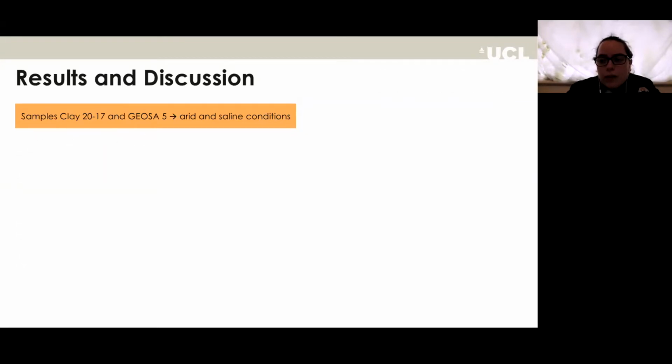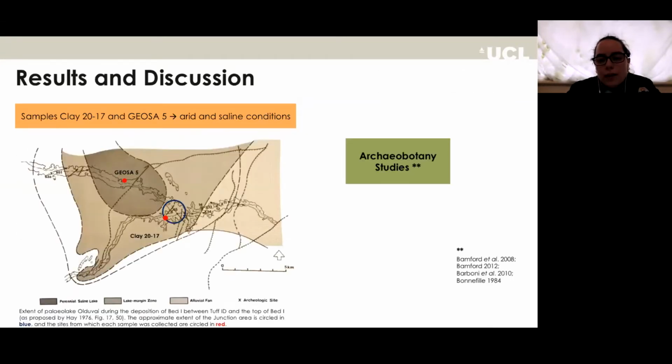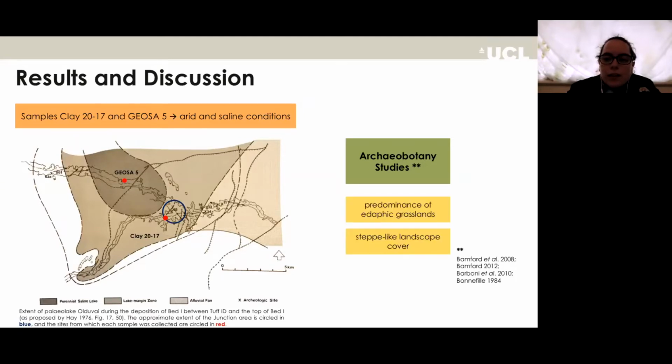And those studies that focused on floral remains have suggested a predominance of edaphic grasslands in a steppe-like landscape for the eastern lake margin area, and for a period that has been described as very dry, and when the paleolake would have retreated from its maximum area to the west of the junction area, which is to the west of the blue circle.